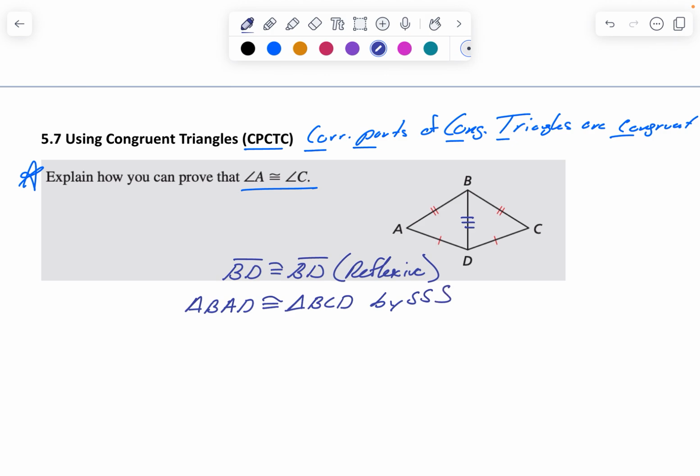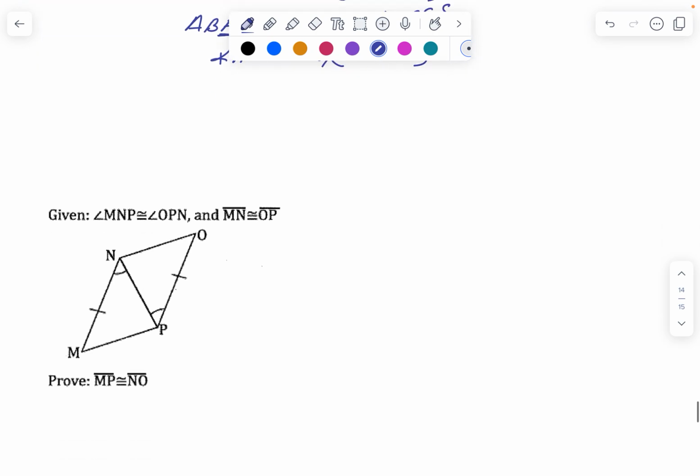And now, since those triangles are congruent, we can say angle A is congruent to angle C, and our reason is CPCTC. Because once two triangles are congruent, then all their corresponding parts are congruent. Angle A corresponds with angle C, and those would be congruent then.